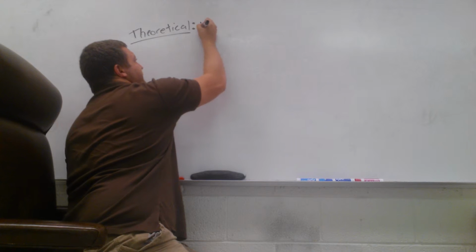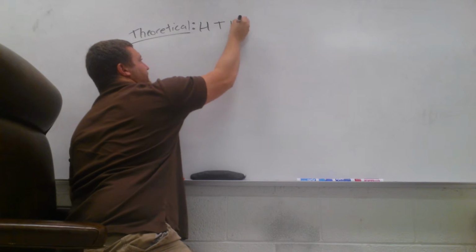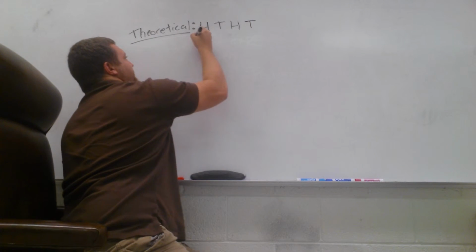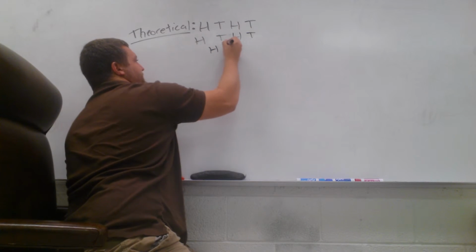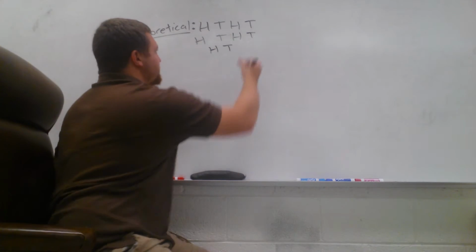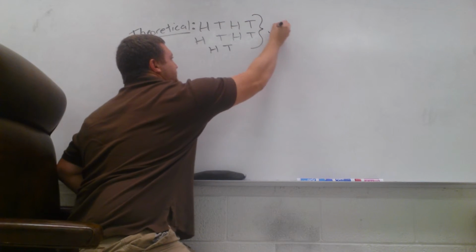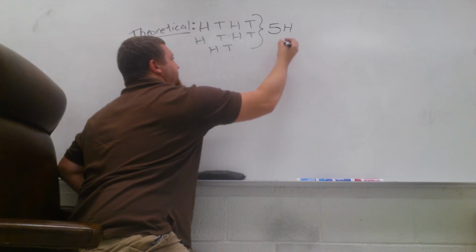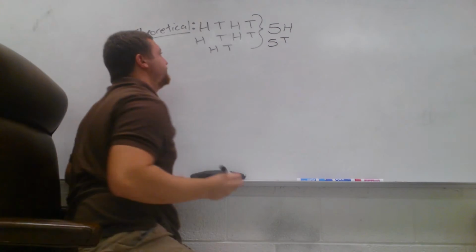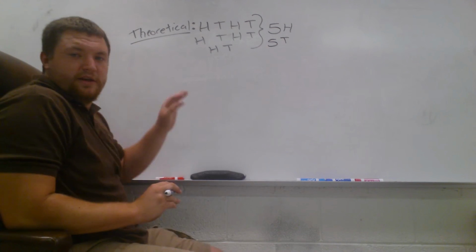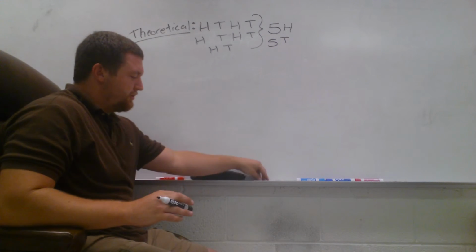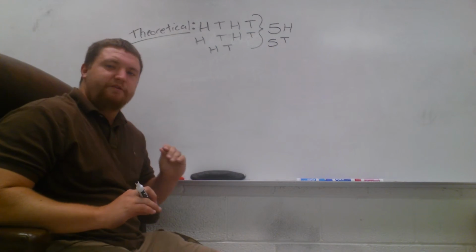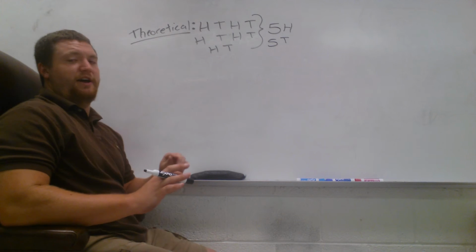So let's say I get a head, then a tails, then a head, then a tails, then a head, then a tails, then a head, then a tails, then a head, then a tails. So in total I got 5 heads and 5 tails. That would be the theoretical. That's in a perfect world where I flip it the same every single time and there's no gunk on my penny and everything worked perfectly, I will get 5 and 5.